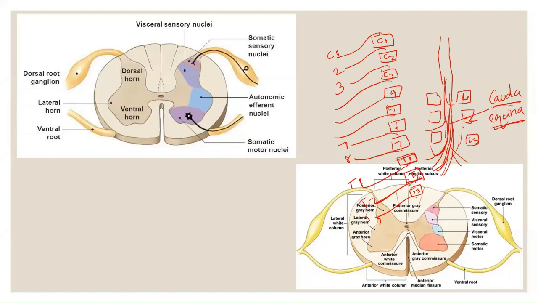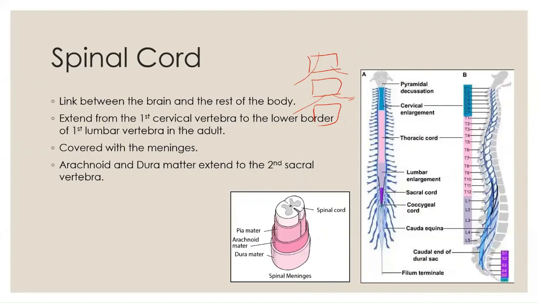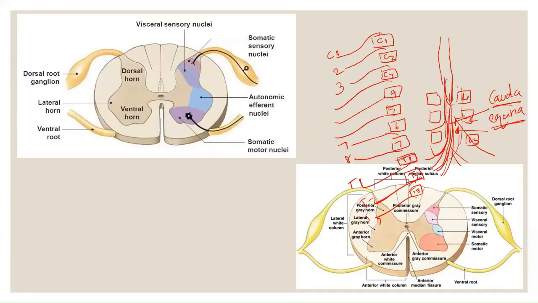And within the dura mater, within the subarachnoid space, you have CSF, and you can obtain CSF by inserting a needle through these layers. So you don't damage the spinal cord if you insert a needle below the L1 level. So that's what I wanted to tell you.